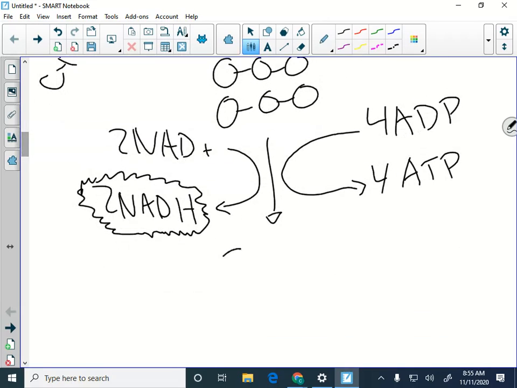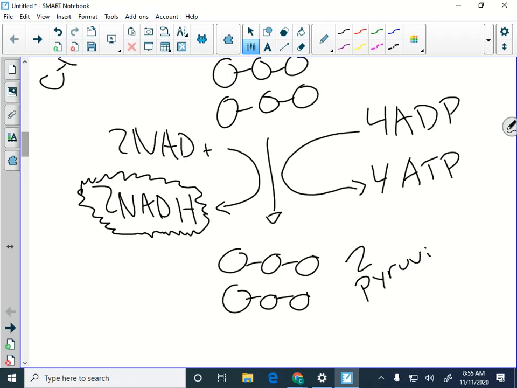And we are left with 2 molecules of pyruvic acid. And that will go to the Krebs cycle.